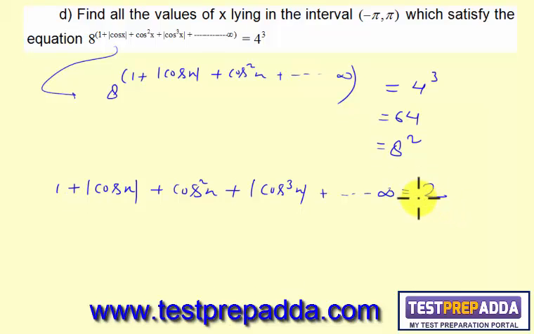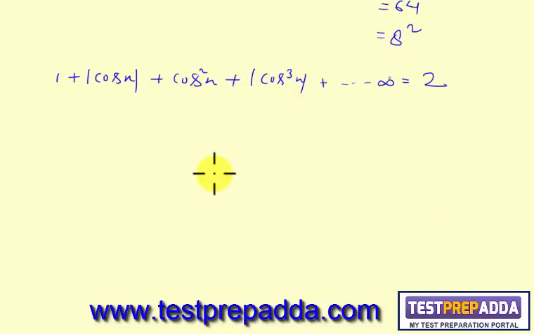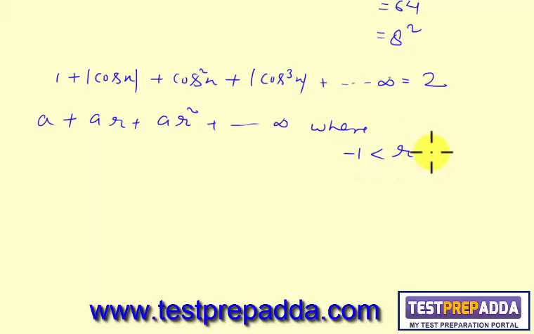Now you recall the geometric progression GP. A plus AR plus AR square plus so on infinite terms where R lies between -1 and +1.